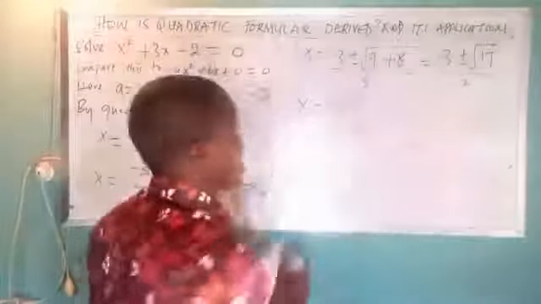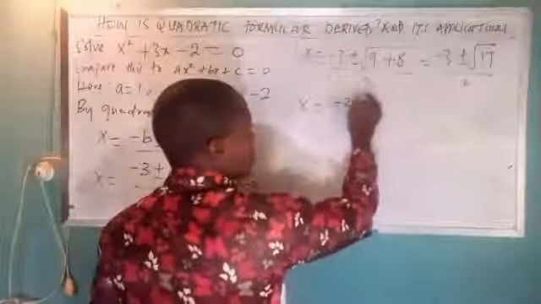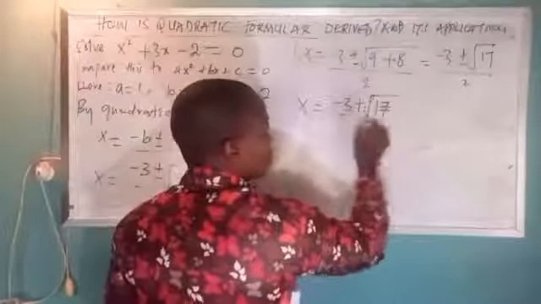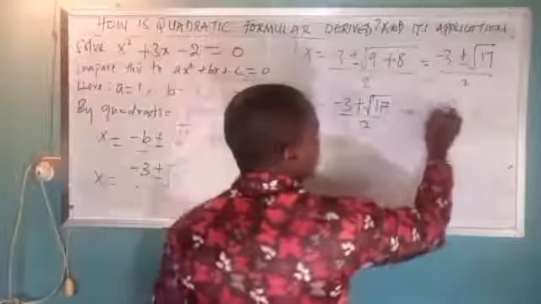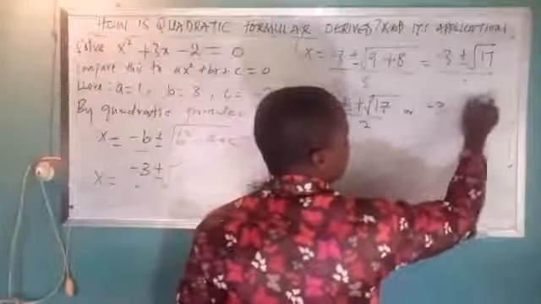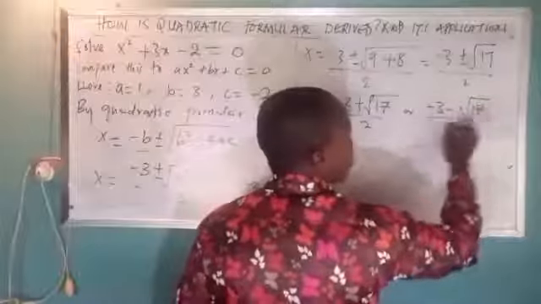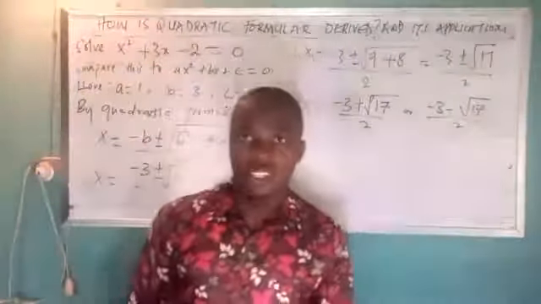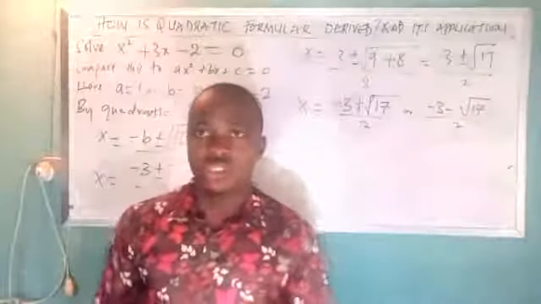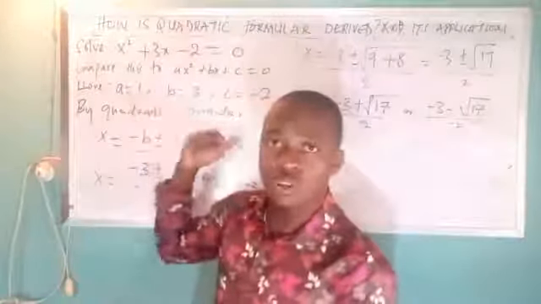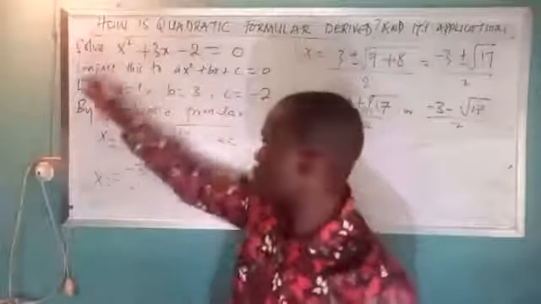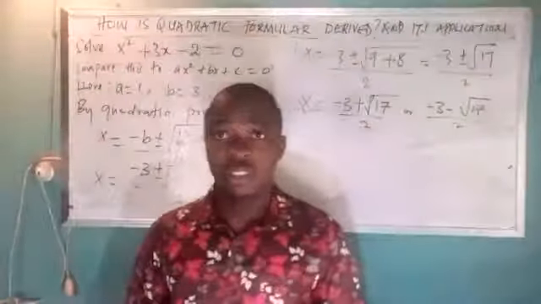You can leave your answer as minus 3 plus root 17 over 2, taking the positive side, or minus 3 minus root 17 over 2, taking the negative. These are the two possible values of x, which are the solutions to this given equation.